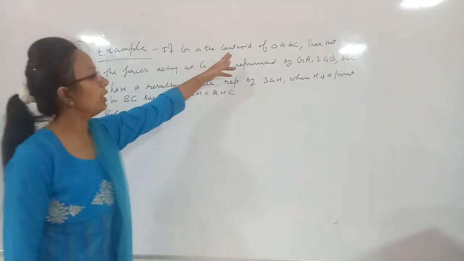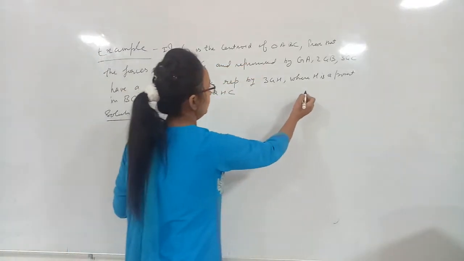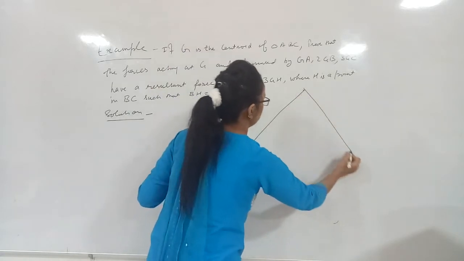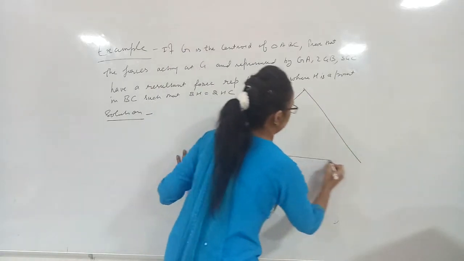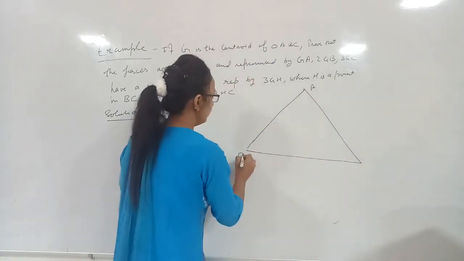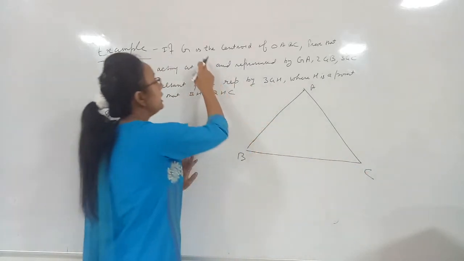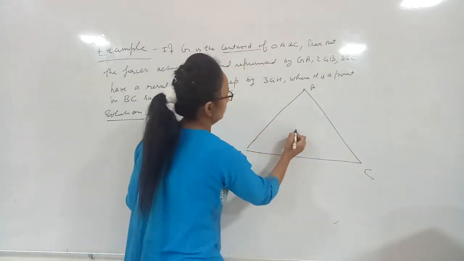If G is the centroid of triangle ABC, a triangle is given, ABC, and G is its centroid.